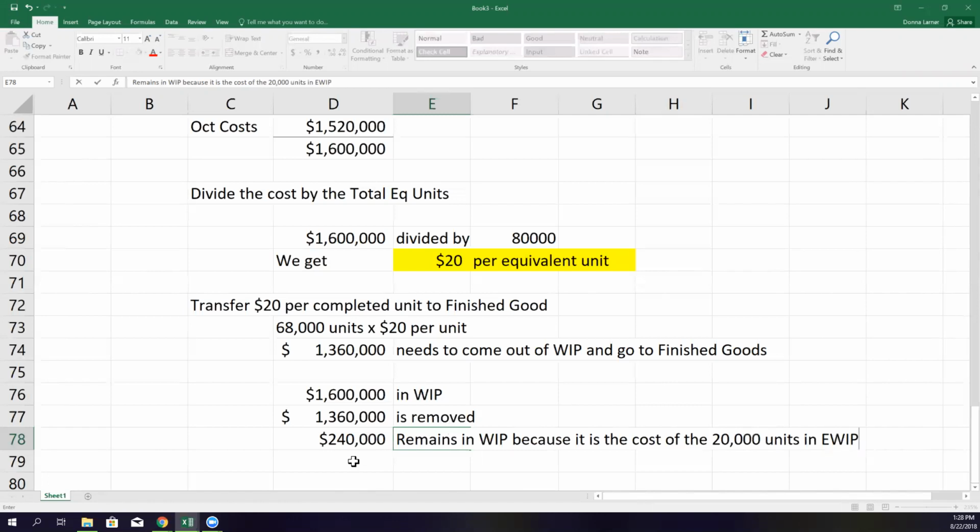So we figured out that 240,000 is the approximate cost of the 20,000 units that are still in ending work in process.